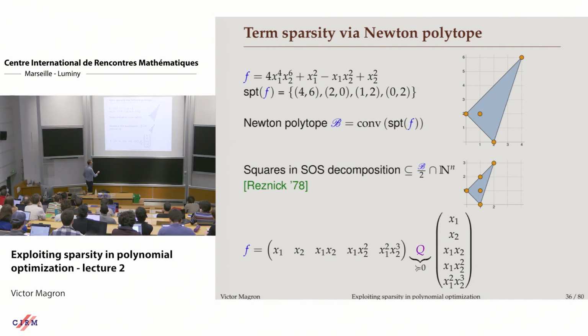So in general, when you want to index with all the terms, you have the vector of degree d of all terms. So you have 1, x1, x2, x1 squared, x1 x2, and so on, up to x2 to the power d.